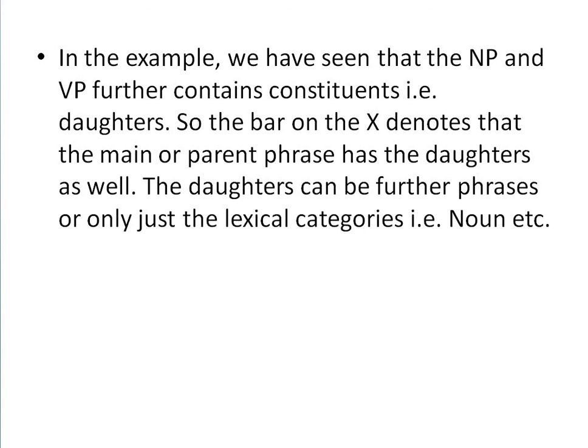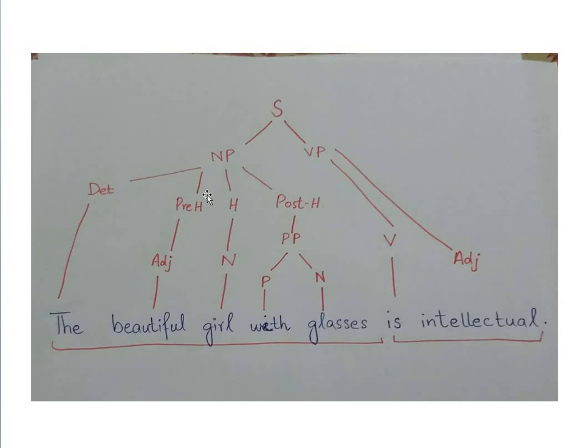The daughters can be further phrases or only just the lexical categories. So the daughters can be further phrases, as we have seen that noun phrase consists of further prepositional phrases, in the last example we have seen. Just take the example that it may contain only the adjective, or noun, only the daughters as a lexical category or a part of speech, or may contain further a phrase as well.